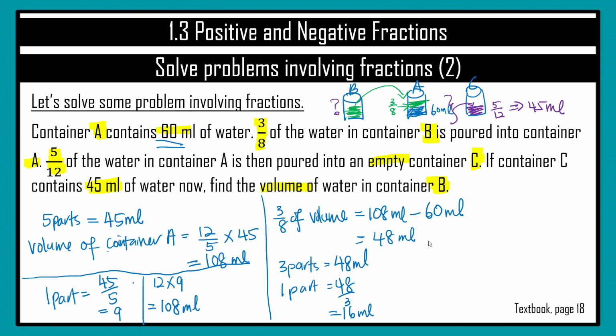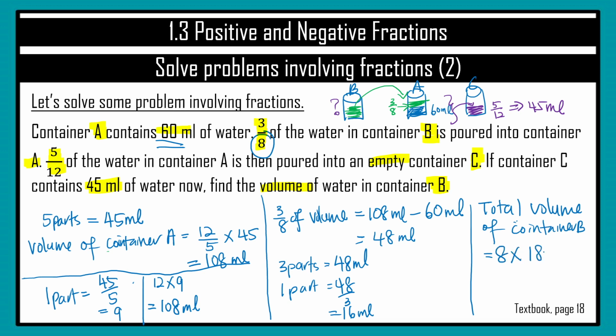So from that 16 ml, I know that the total volume of container B is 8 parts. So the total volume of container B is the 8 parts multiplied with 16. So you should get 128 ml.